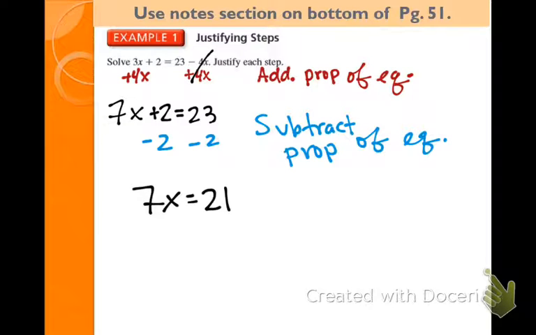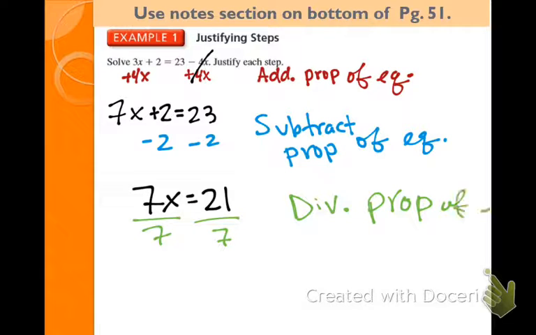What's my next step? Divide by what number? 7. So you can shorten that to div property of equality. So then I get x equals 3.